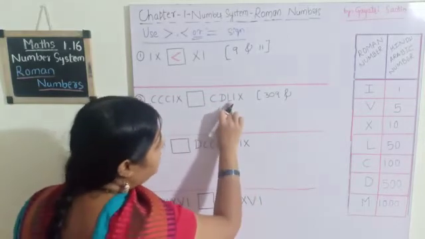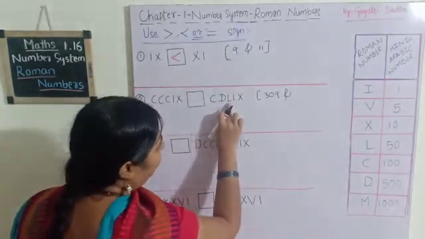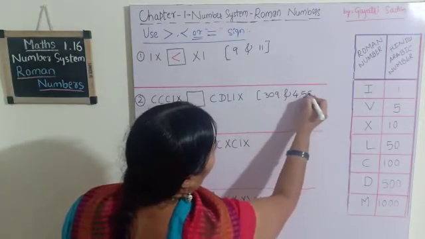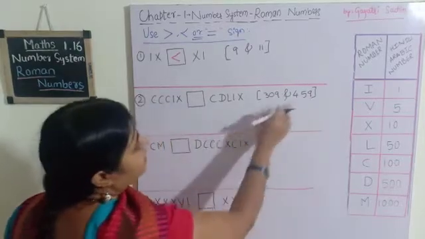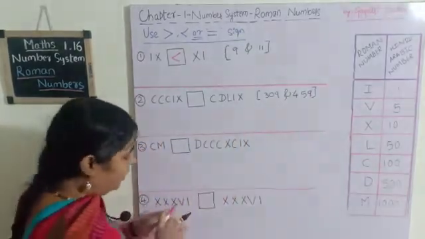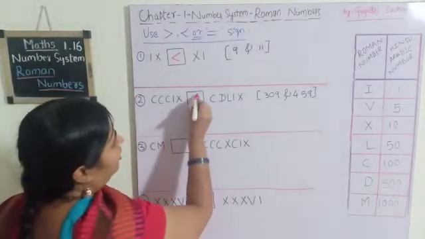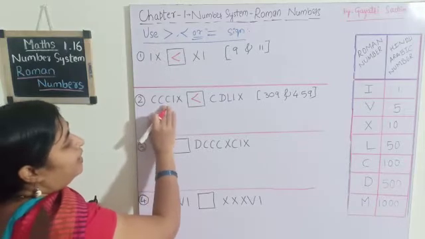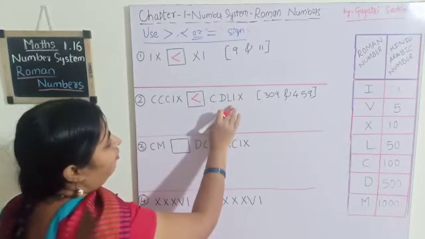L is 50, so 450, and IX is 9, so 459. Once again, which is the greater number, 309 or 459? 459 is the greater number. So again the mouth is open this side. That means 309 is less than 459.